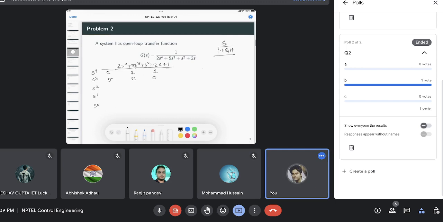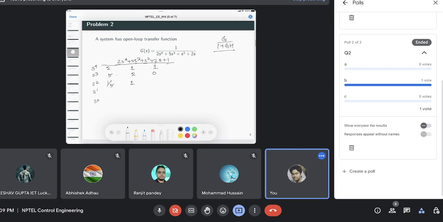Okay, Routh table. So we have first (5 minus 4) by 5, so it is 1 by 5, so we have 5, and then this is simply 1. Just this technique, right? I'm just writing. Then the next one is 2 by 5 minus 5 by 1 by 5, right?